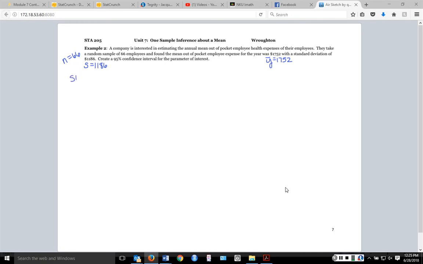So step 1 will be to identify our parameter in words.